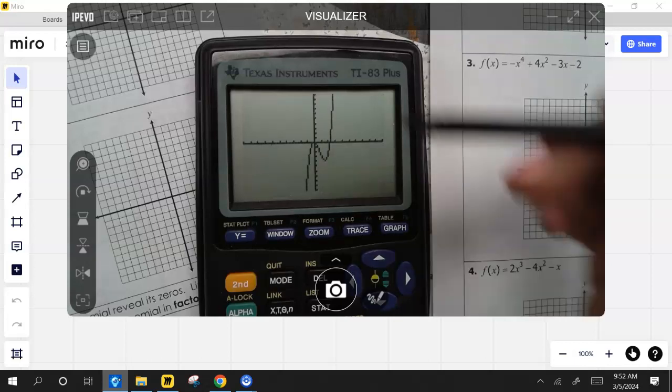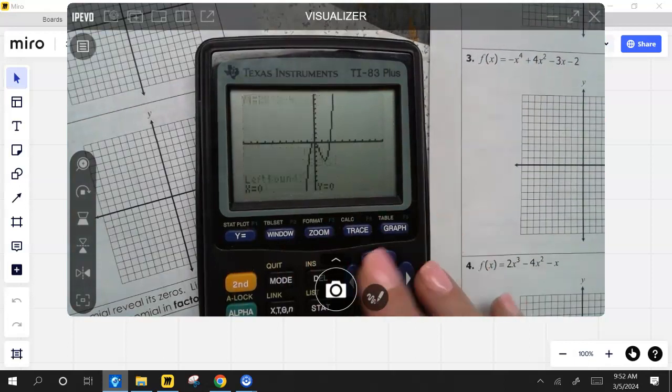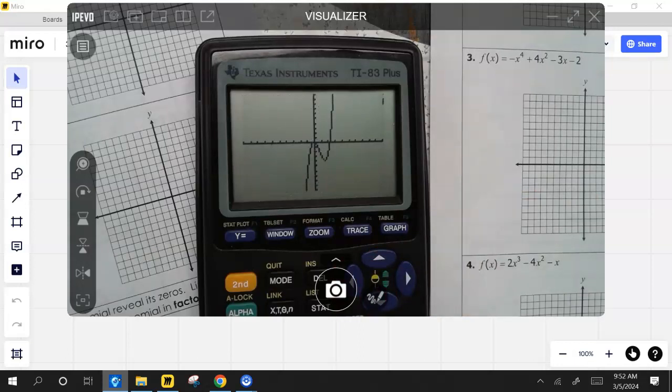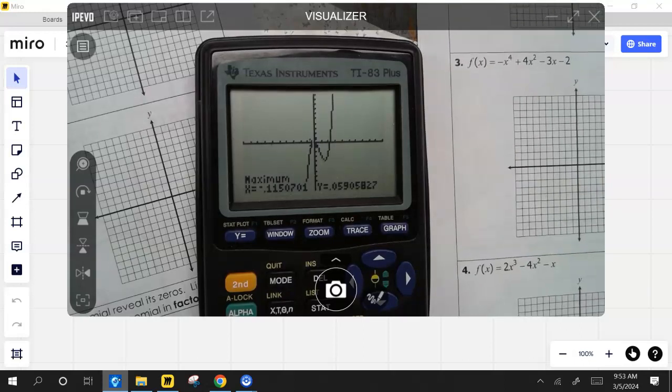It's a cubic, so I know I can see everything I need to see. So I'm going to calculate the maximum here. Enter, enter. I got a maximum of negative 0.115059.